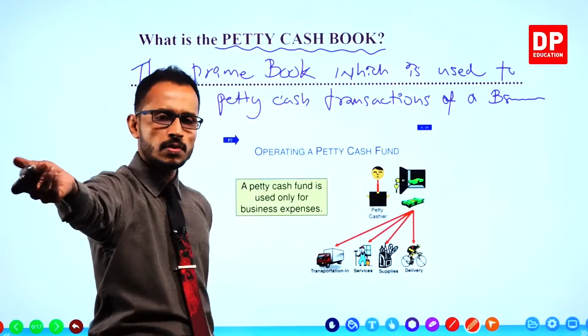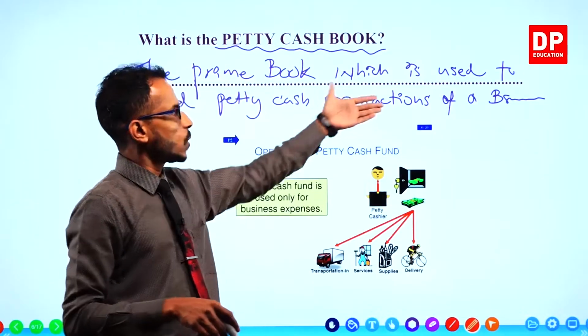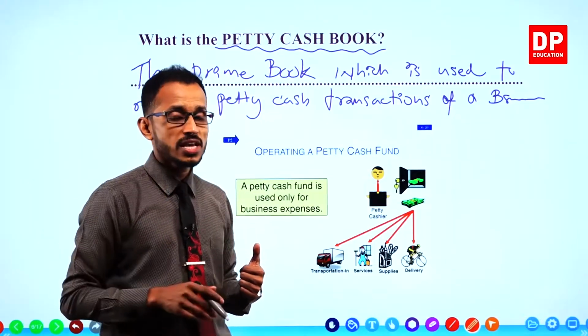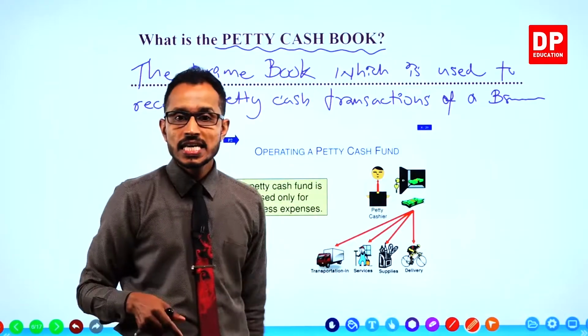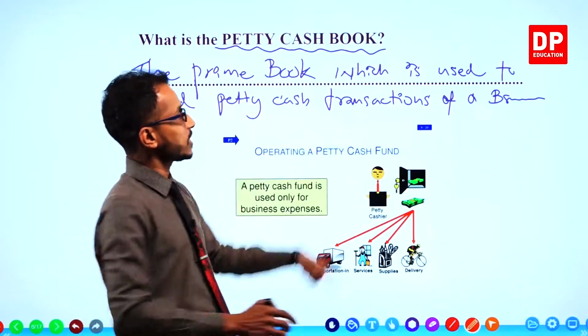There you go. Just like the cash book. Cash book is used to record all the cash transactions, cash receivings and cash payments. This is the petty cash book. This is used to record all the petty cash transactions in a business.